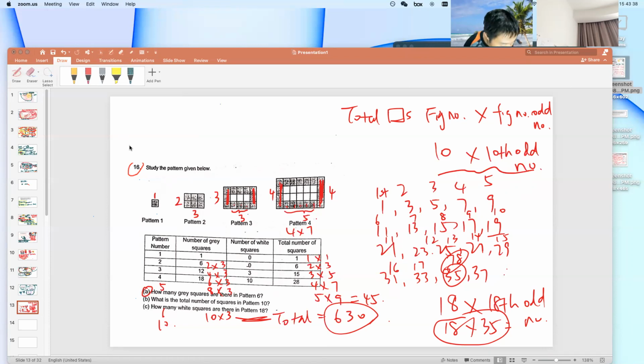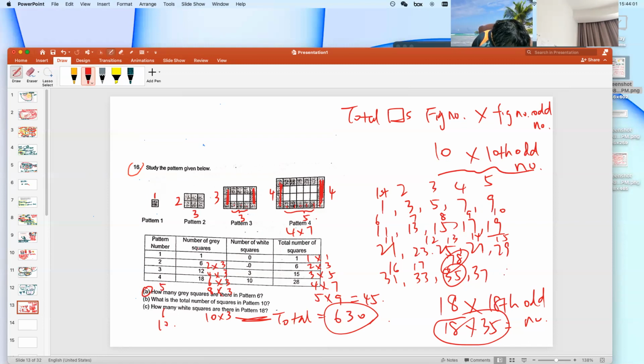So if you can follow, then what I want to do is, let me get it. So for the pattern 18, let me get rid of this. So the pattern for number of gray is, hold on, how should I put it? It's always something like this.